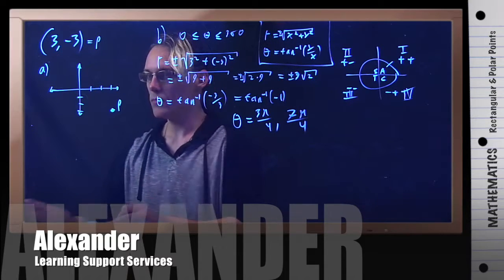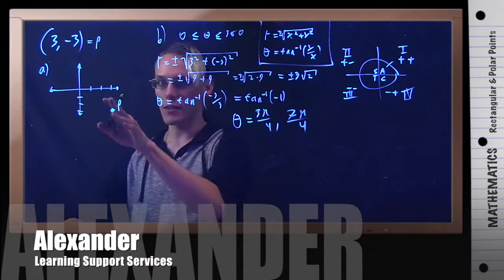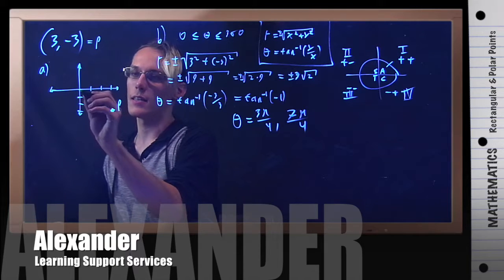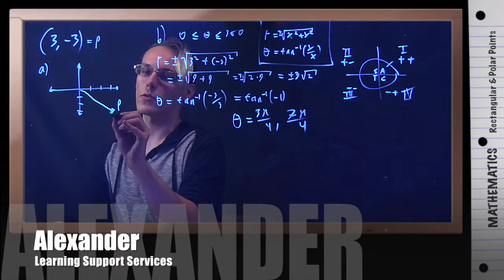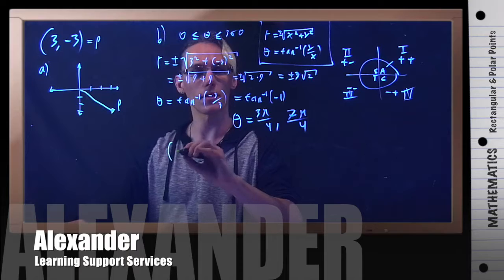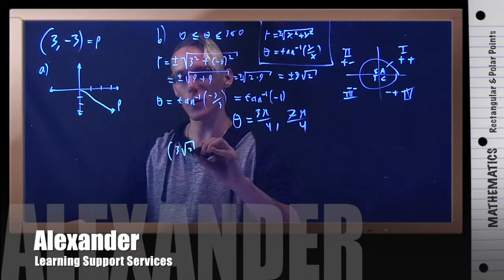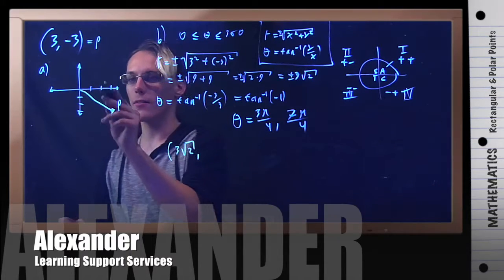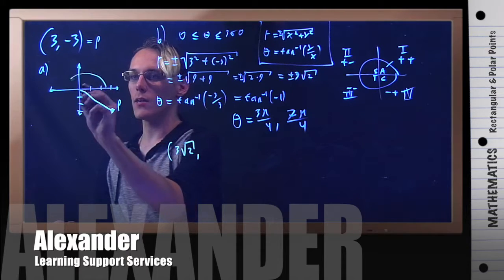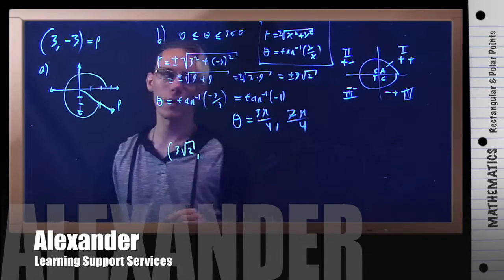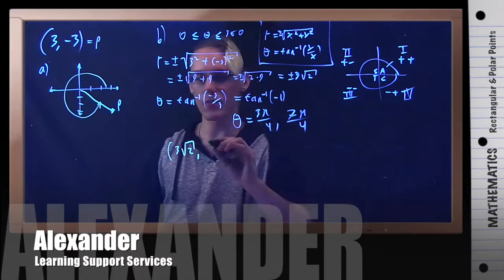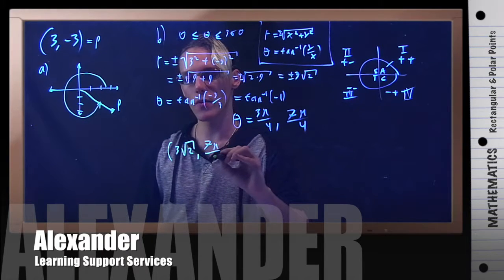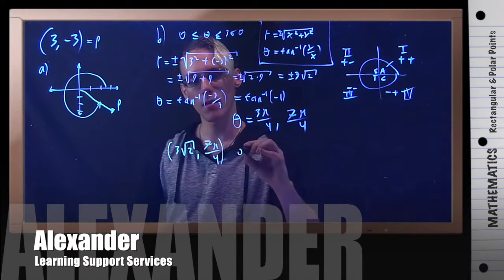Well, if I look here on the graph that I originally have, let's first of all suppose that r is positive. So I'm going to have the coordinate +3 root 2. And now we go, okay, well, what angle does this need to be? Well, it's an angle that swings all the way around to here. So that's going to have to be 7 pi over 4. That swings me all the way around into the fourth quadrant.